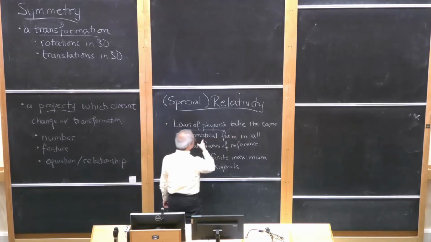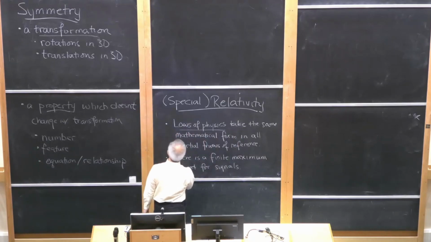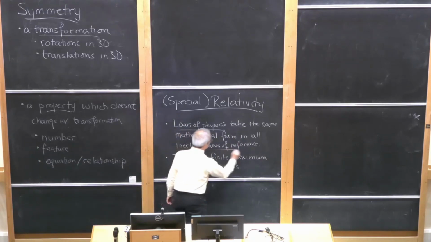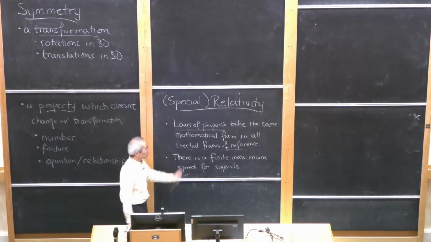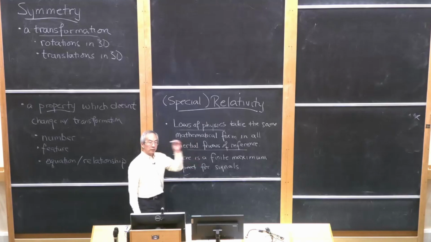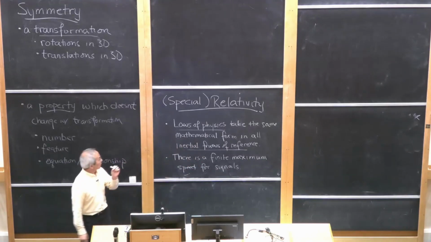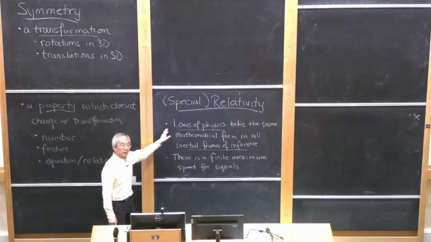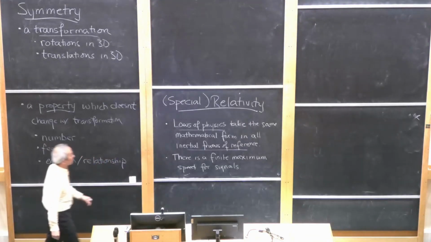That's why they take on the same mathematical form. And then implicitly, when we talk about what the transformation is, it's going between inertial frames of reference. So when we say all inertial frames of reference, it means you can select one, you can transform it to another inertial frame of reference, and the laws of physics remain the same.